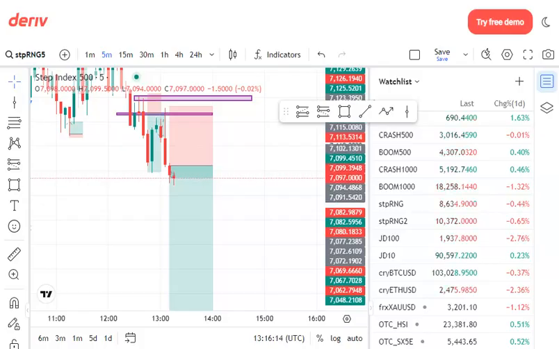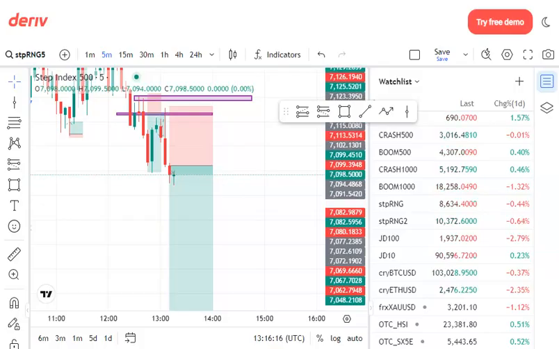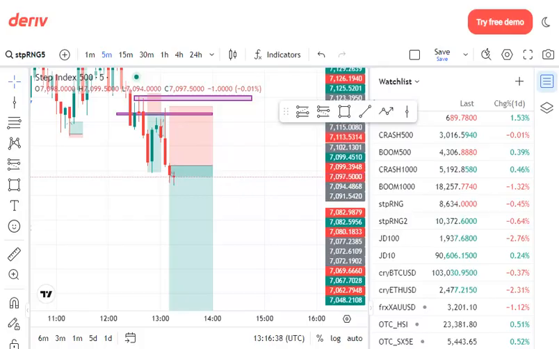If we see a green candle, we're going to buy. Still on the red candle, we're still on the straight.